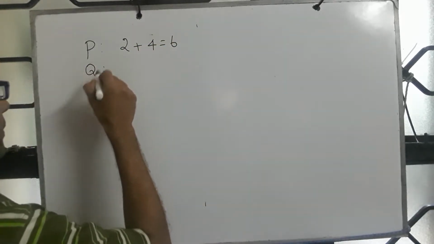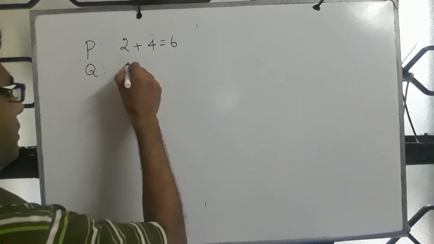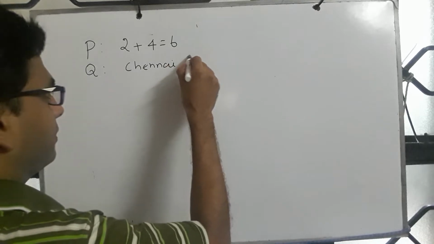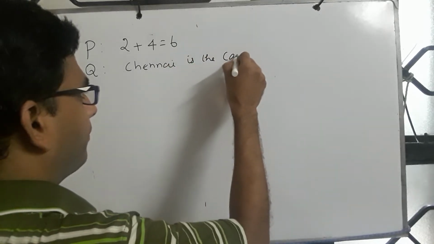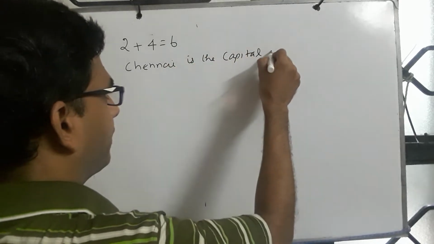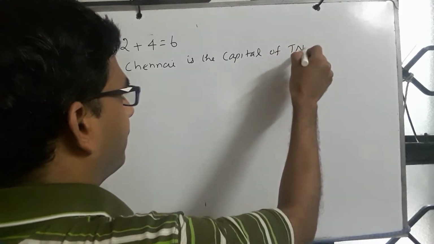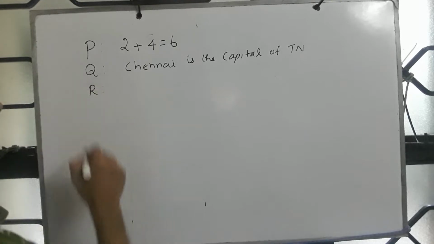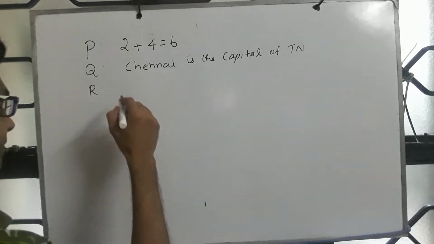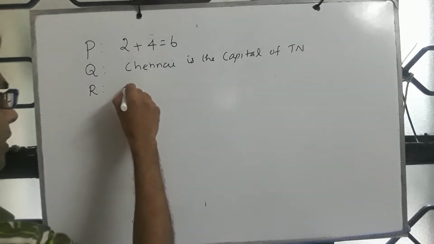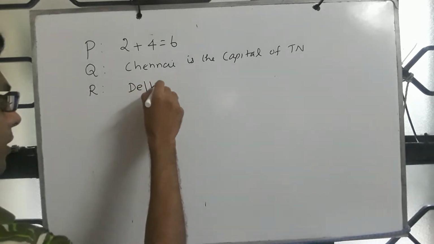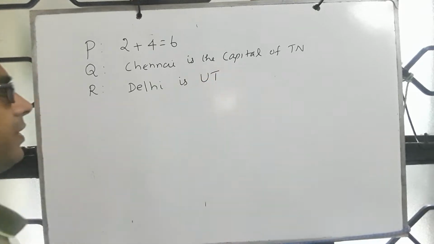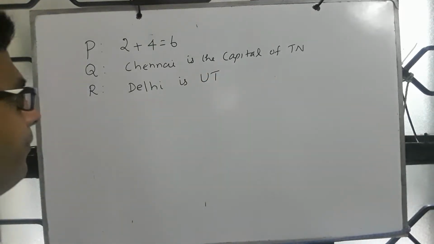The variable q represents Chennai is the capital of TN. The variable r says Delhi is Union Territory, and so on.